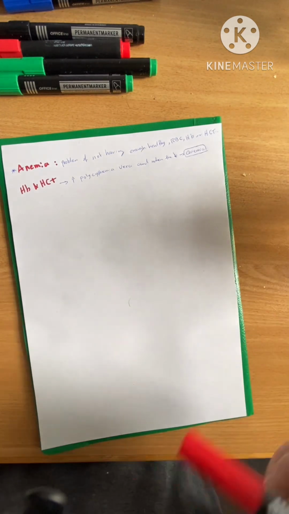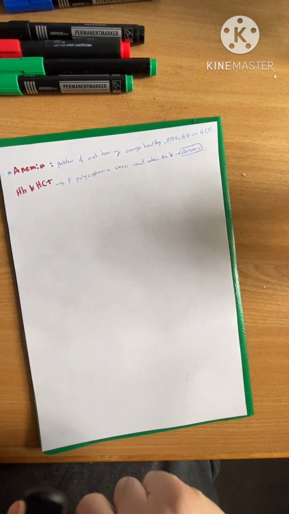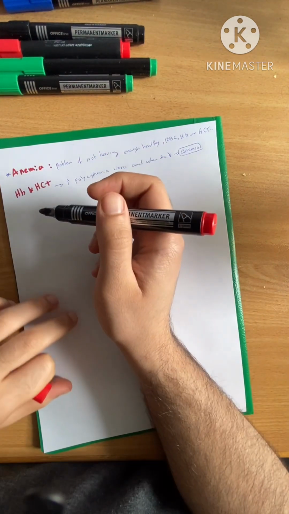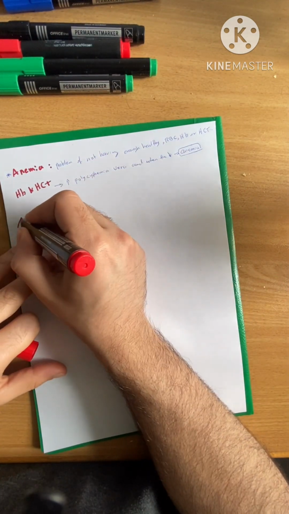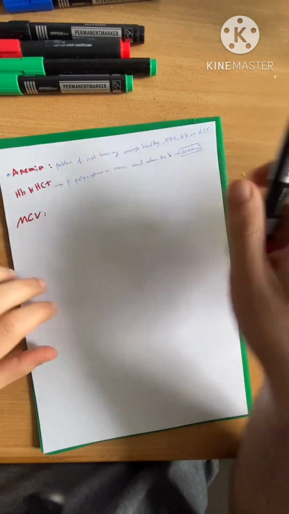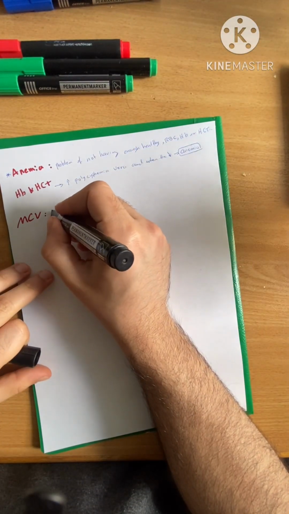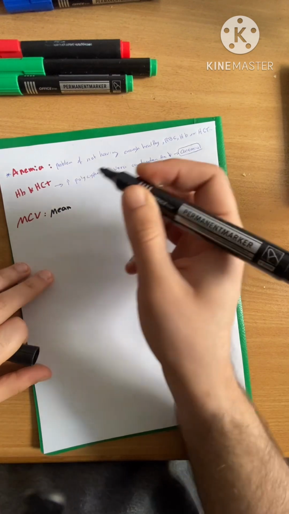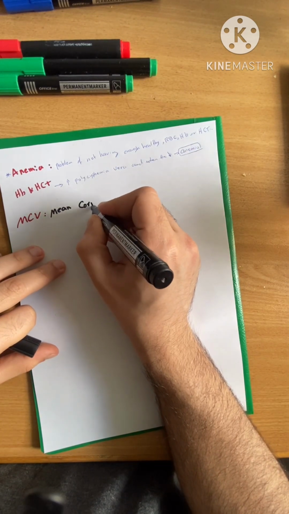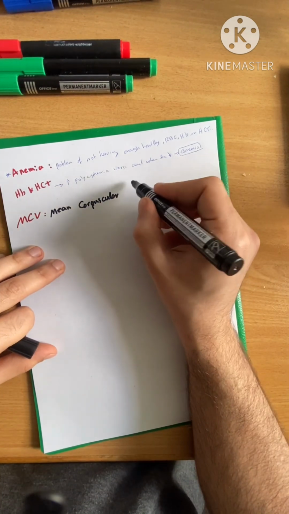To identify anemia, the first thing we're gonna search for in the CBC is MCV, which is called mean corpuscular volume.